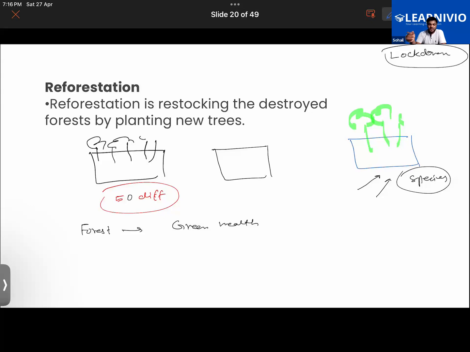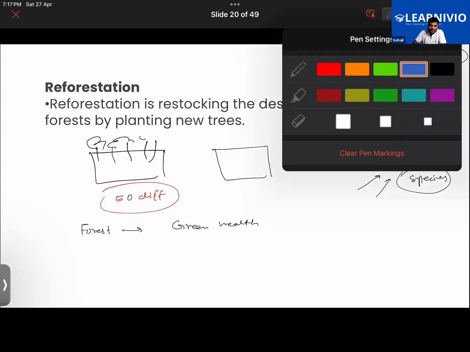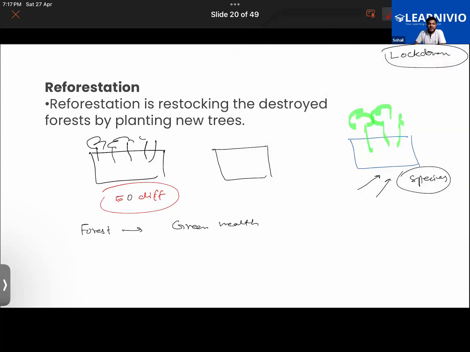Getting it now? Reforestation can also take place naturally. If a place is left undisturbed for some time, it may reestablish itself by the natural growth of trees. If reforestation takes place naturally, with no role of human beings, that is called natural reforestation.